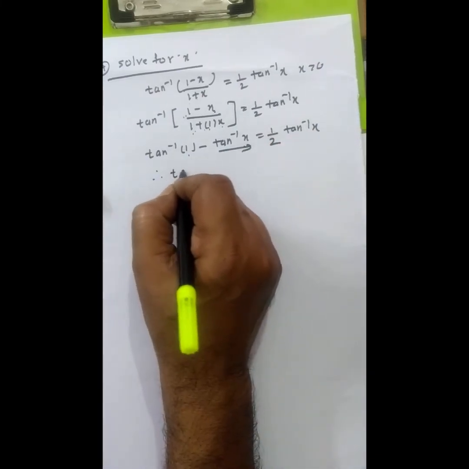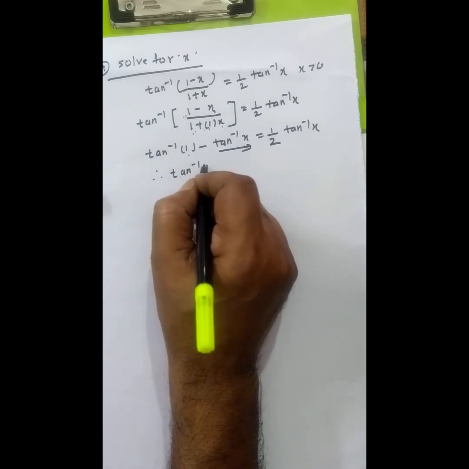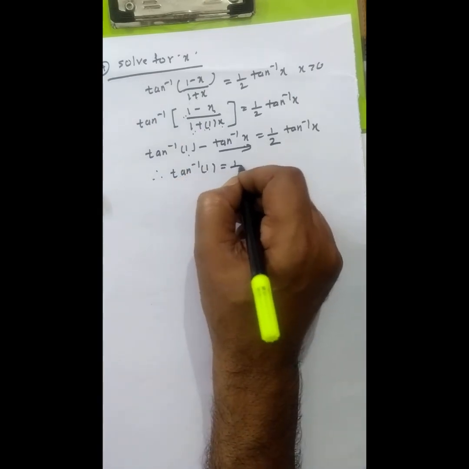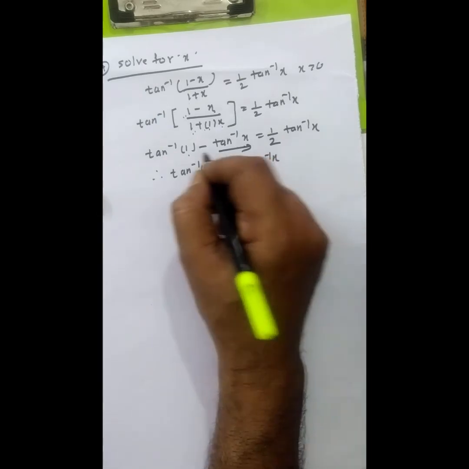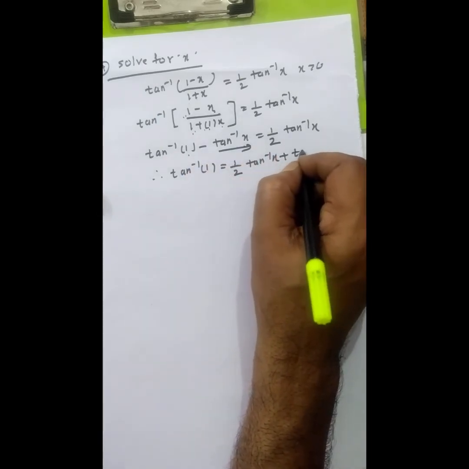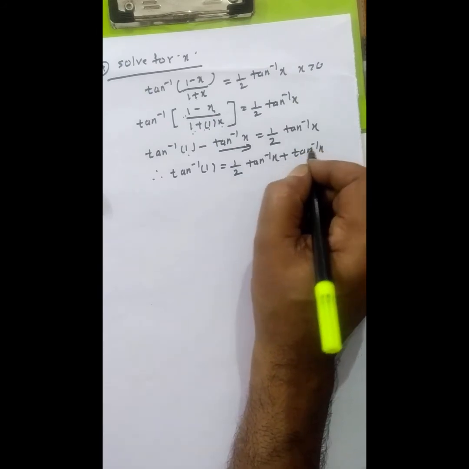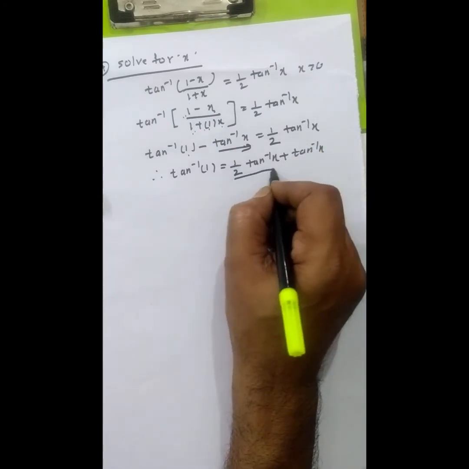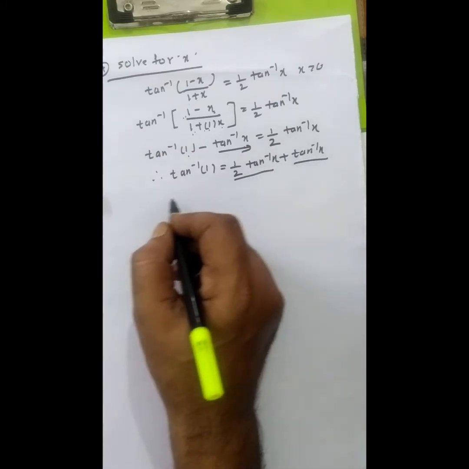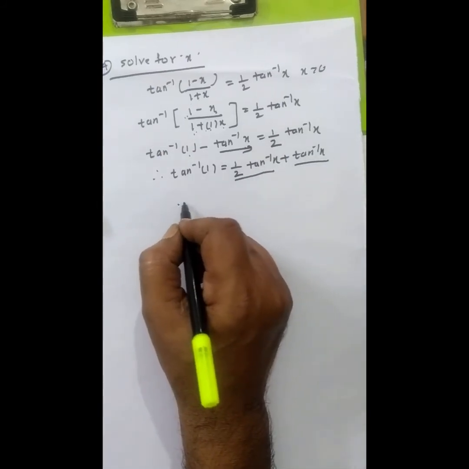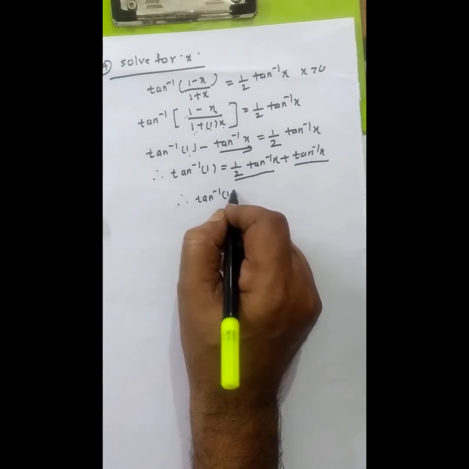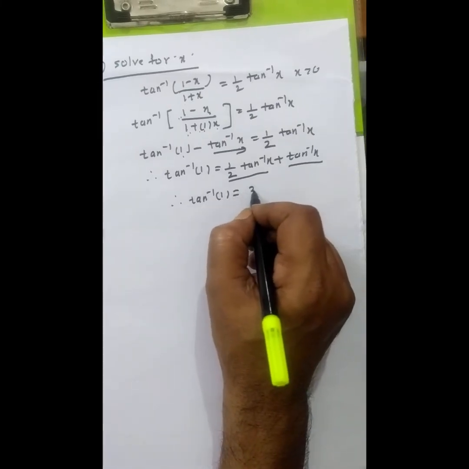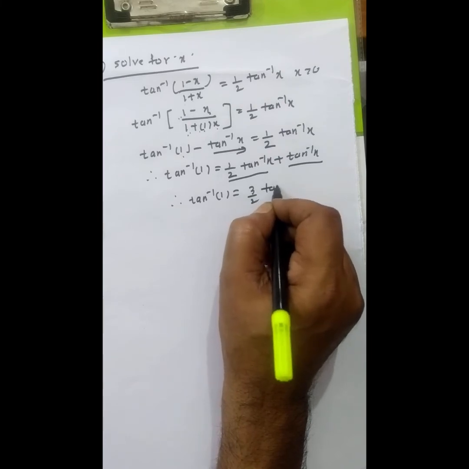Therefore this will be tan inverse of 1 equals 1 by 2 tan inverse of x plus tan inverse of x. Now 1 by 2 tan inverse of x plus tan inverse of x is half plus 1, 3 by 2. Therefore tan inverse of 1 equals 3 by 2 tan inverse of x.